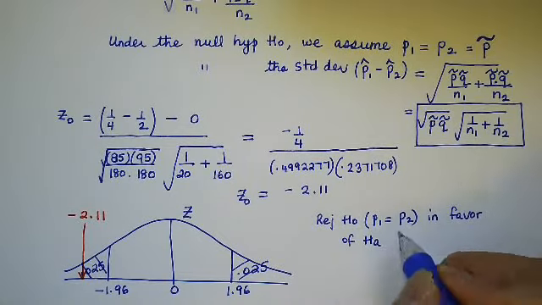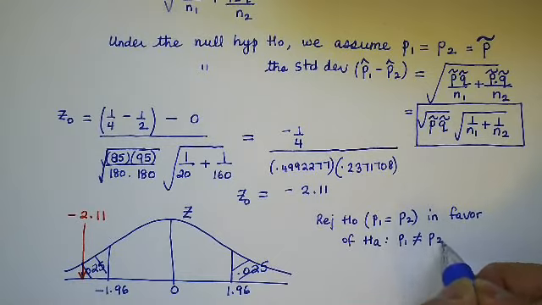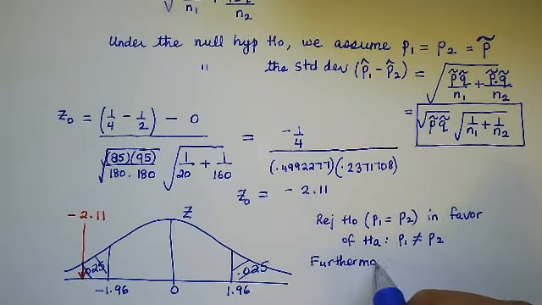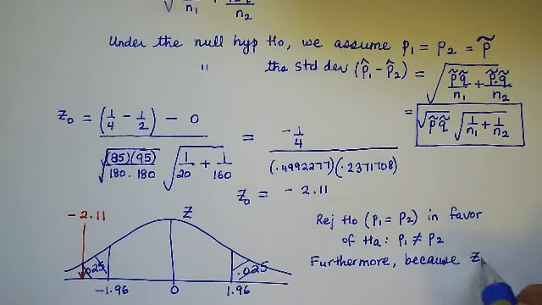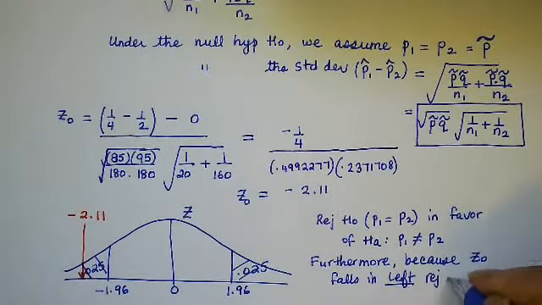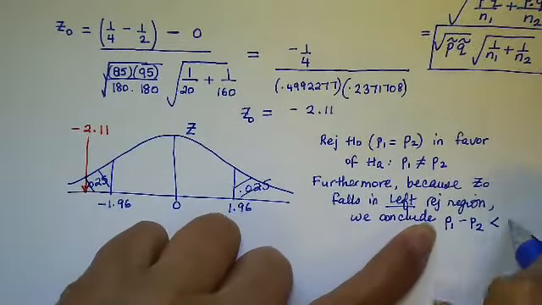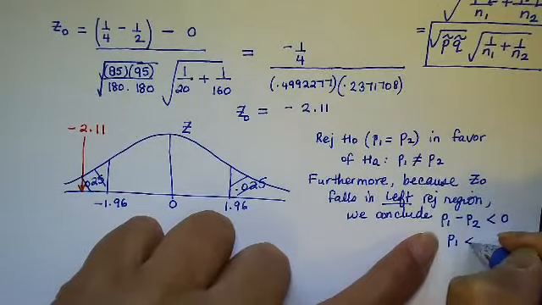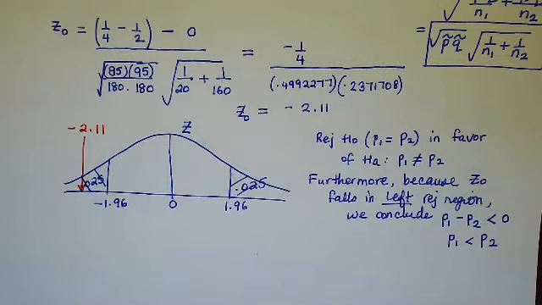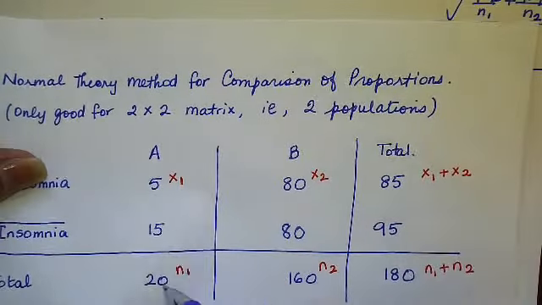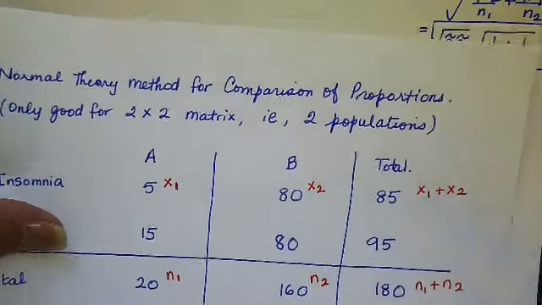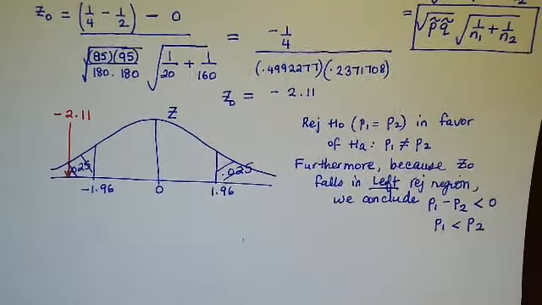So my conclusion is reject H0, which said that P1 equals P2, in favor of HA, which says that P1 is not equal to P2, and furthermore, because Z0 falls in the left rejection region, we conclude that P1 minus P2 is less than 0, otherwise written as P1 less than P2, which we kind of saw because this P1 here was 1/4 and P2 was 1/2.